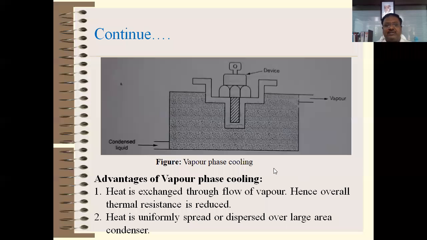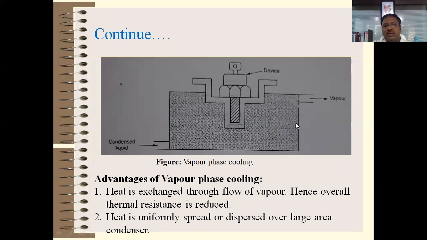So vapors are taken away from this particular tank and then sent to the condenser, so that this vapor is converted into liquid and sent back to the tank. So there will be one inlet and one outlet. Outlet means the vapor is taken out from this tank and sent to the condenser, where it converts into liquid and is sent back to the tank, right?